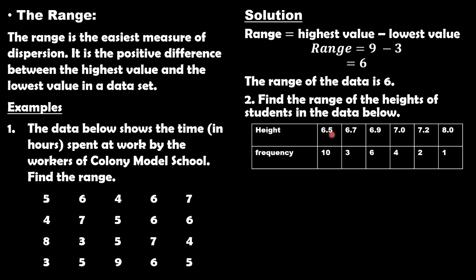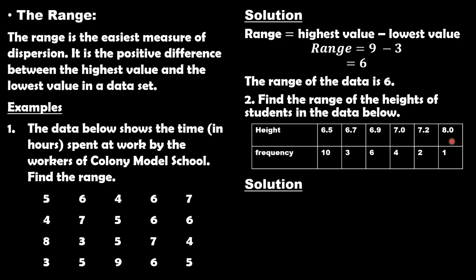Now, in finding the range, we don't consider the frequency. Rather, we consider our values, which in this case is the height. Since the height in this row is arranged in ascending order, definitely 6.5 will be the lowest value and 8.0 will be the highest value.